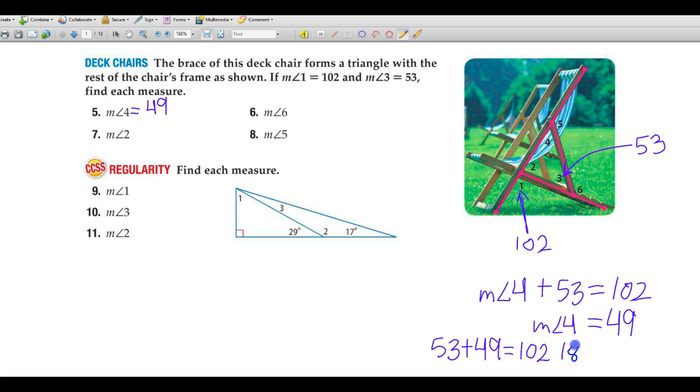And if we subtract 102 from 180, that would leave us with 78. So the measure of angle 2 is 78 degrees.